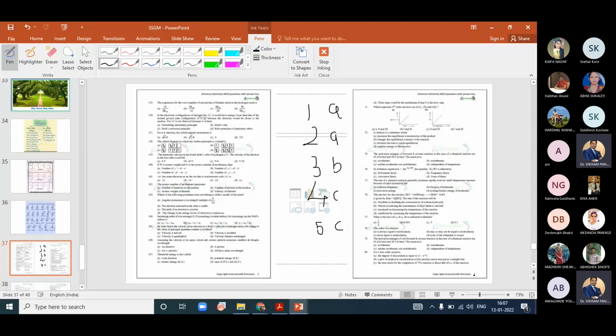Then at the end of each book whose names I have given, all these books have the questions and their answers on the back side. Okay, so just check whether it is correct. At the first attempt, what will happen is that the first answer will be wrong, second wrong, third wrong, fourth also wrong, and fifth wrong.